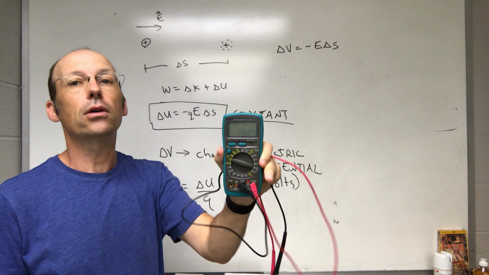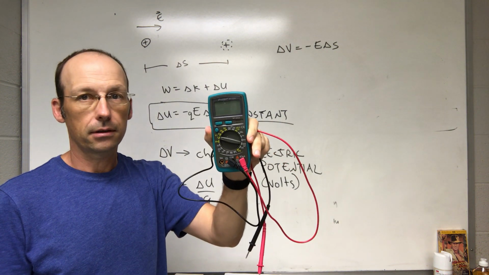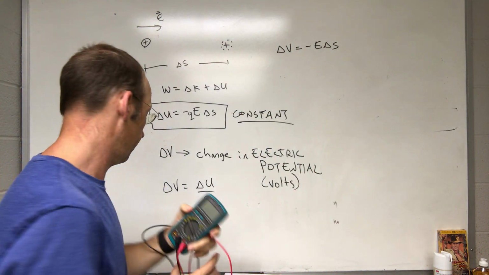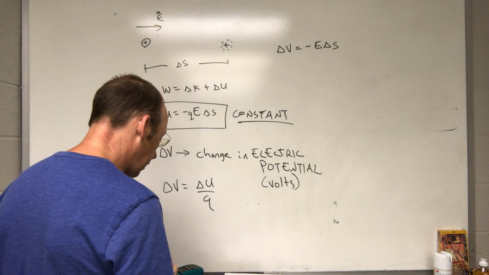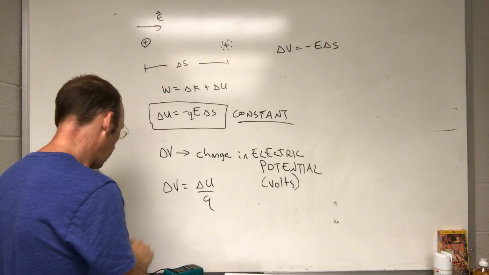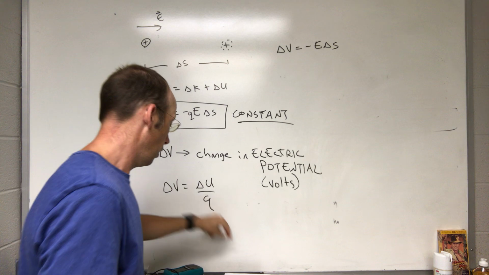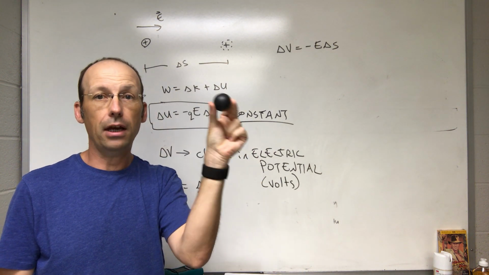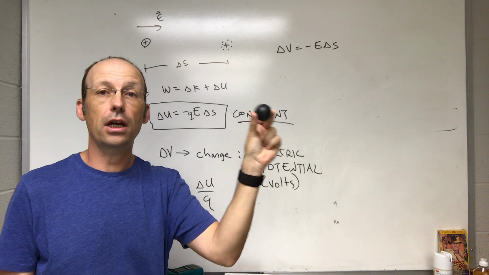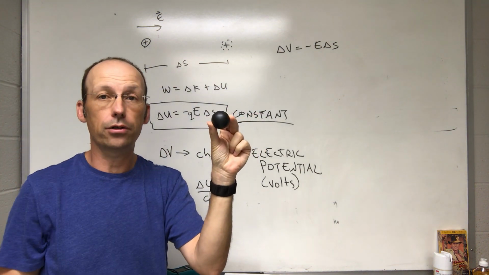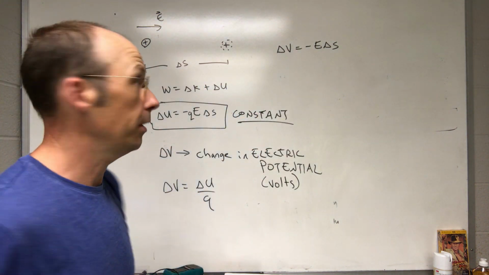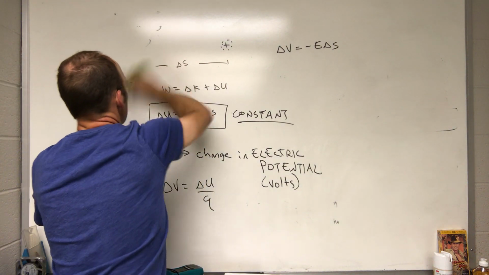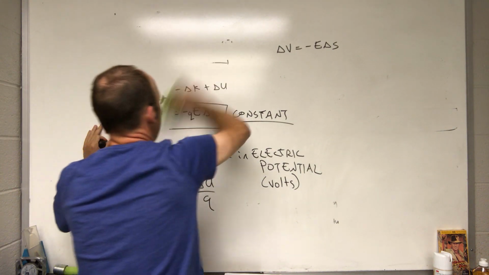So it's a pretty big deal when we talk about circuits. So you do need to think about this. Okay, let's think about the other very important thing. What if I have a point charge and it creates an electric field, and I want to find the change in electric potential around that point charge? That's the other thing that we need to think about. Okay, so let's suppose that we have that.